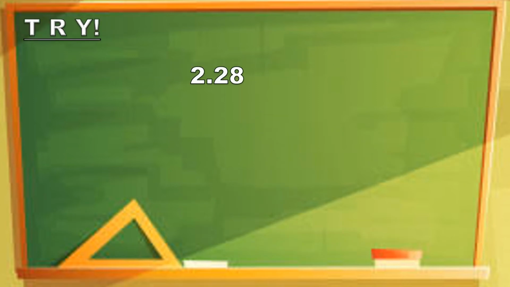Okay, let's try this. Let's multiply 2 and 28 hundredths and 6 and 4 tenths. Again, we start multiplying from right to left. So let's multiply 4 and 8. 4 times 8 is 32, carry 3. 4 times 2 is 8, plus 3 is 11.